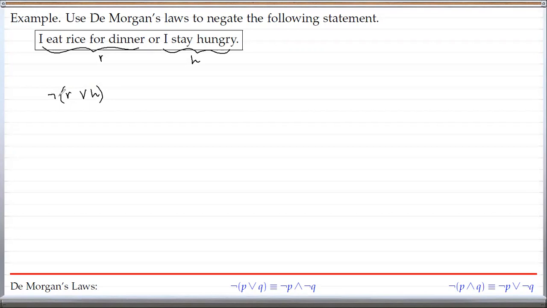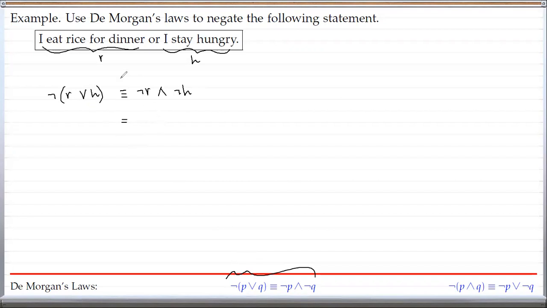So we want to find the negation of R or H. And we can apply this formula again. Using this formula, this given expression is equivalent to not R and not H.